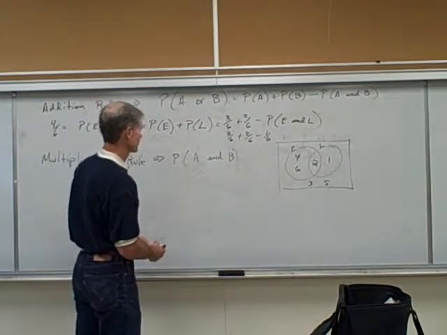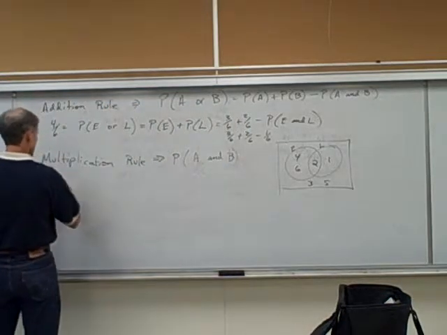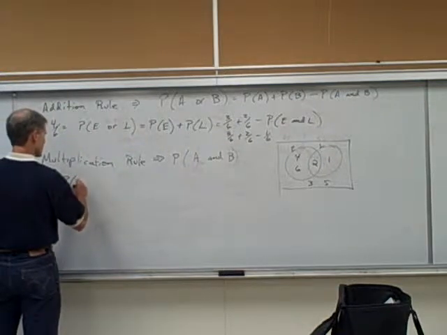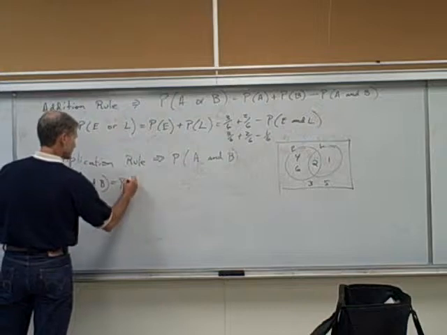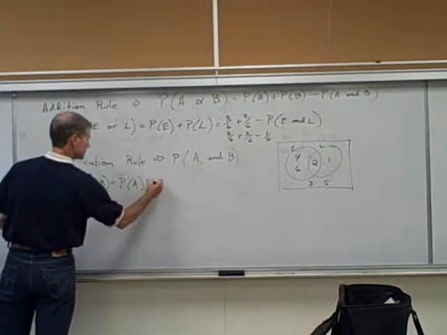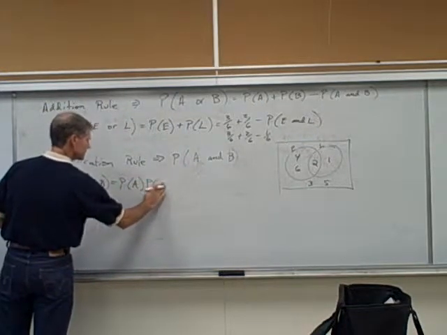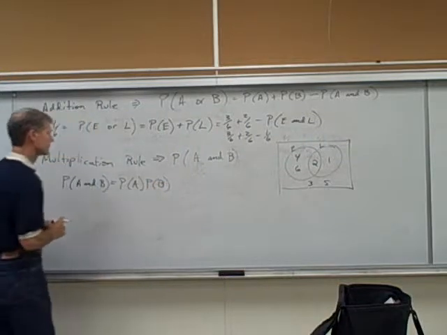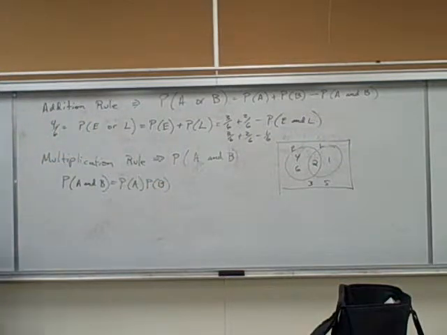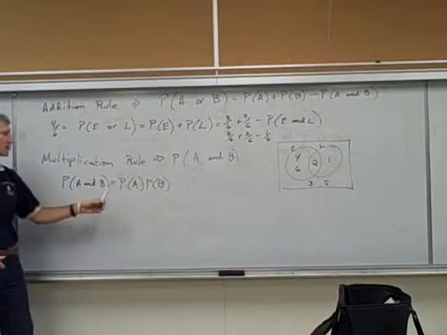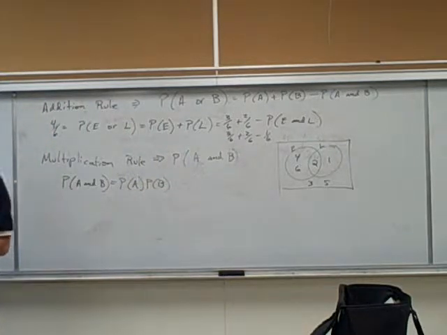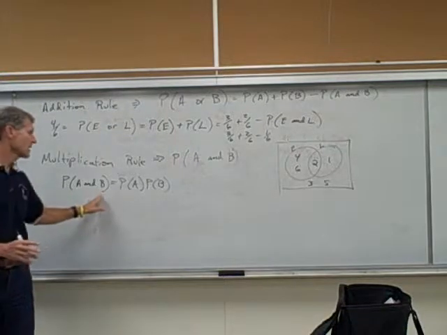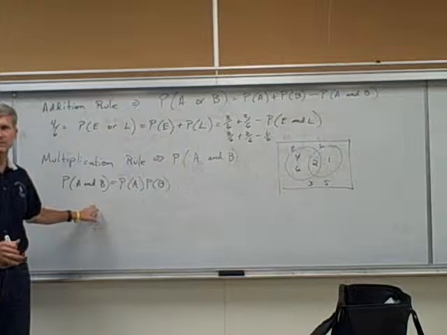Now, multiplication rule. The multiplication rule in section 2 is this. The probability of A and B is the probability of A times the probability of B. And then they say, but this only works if A and B are independent events.